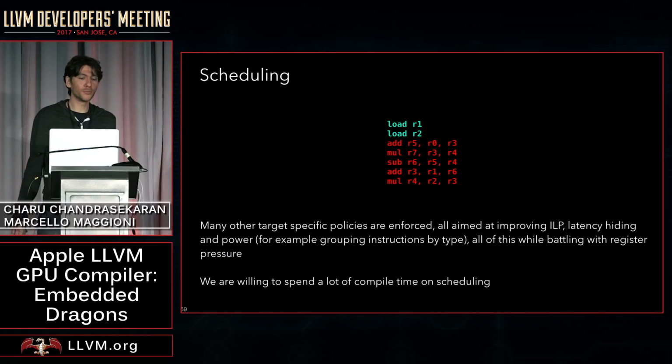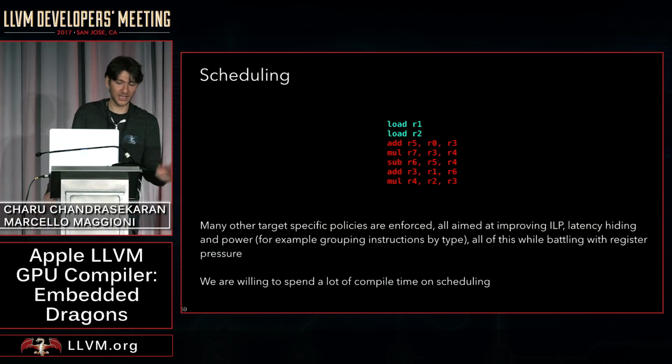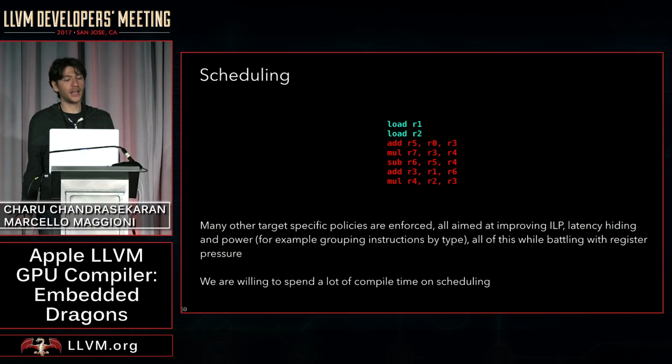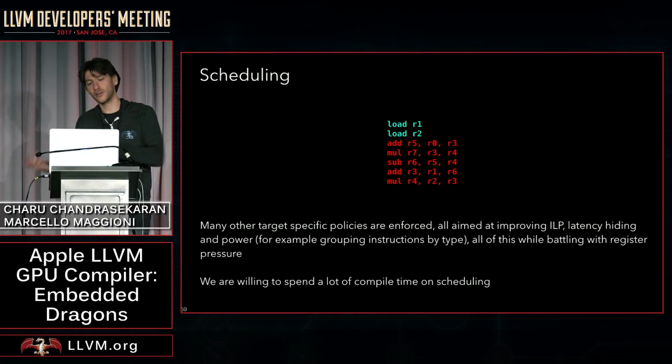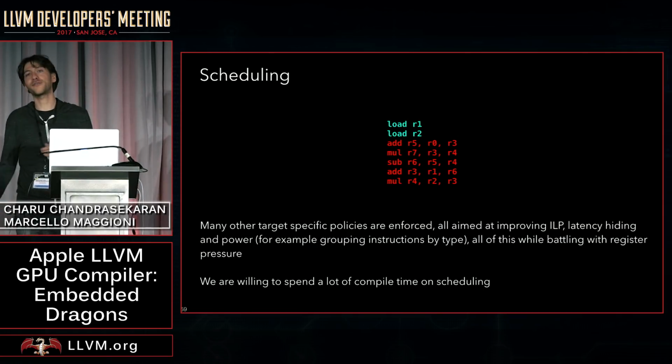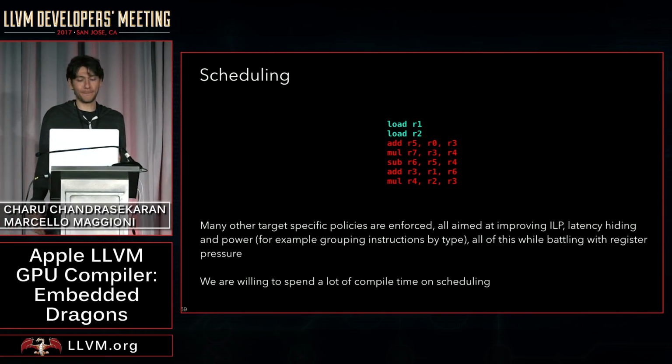Another custom policy that is very important for us is bunching operations of the same type together, because switching between different kinds of instructions can be expensive for us. So we try to bunch memory loads with memory loads, or math with math, etc.